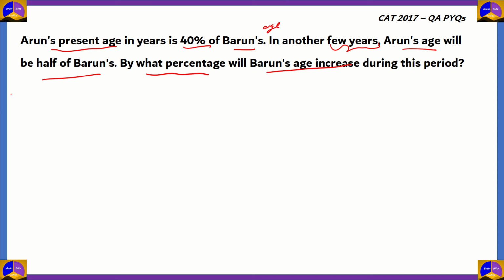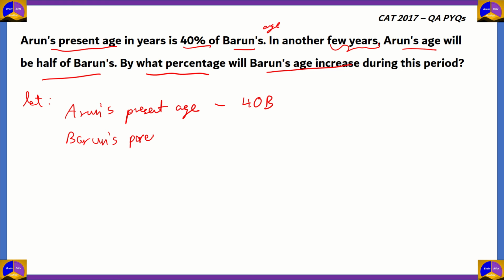So in order to solve this question, we will consider a few things. We will consider Arun's present age to be 40B, which means we'll consider Barun's present age to be 100B.